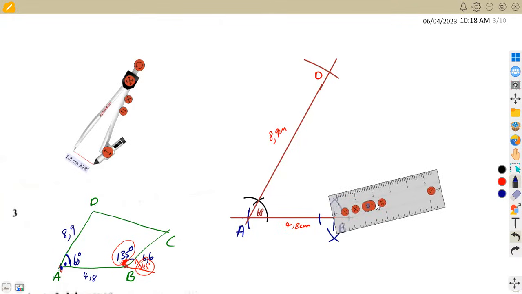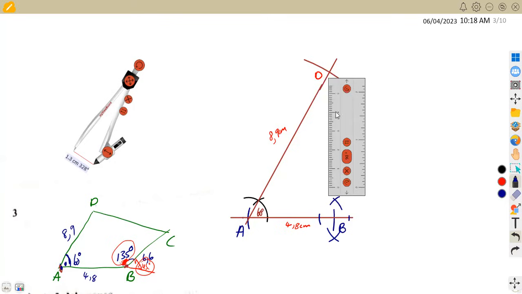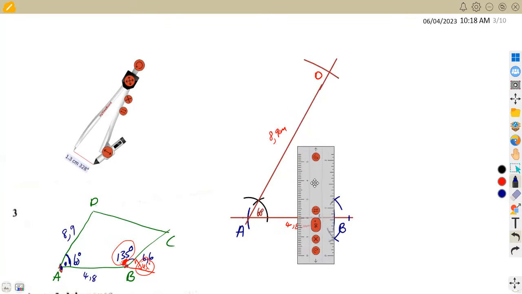Why construct 90? So that if we bisect this 90, it gives us 45 degrees, and by having 45 degrees, we have constructed an angle of 135.